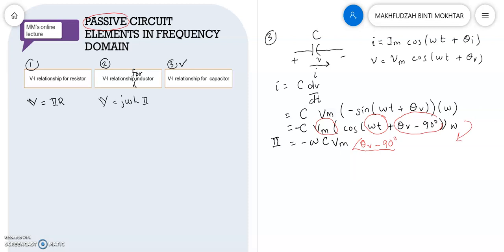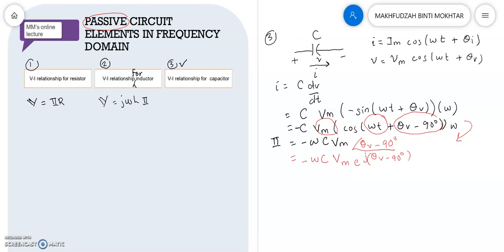Okay, now to simplify the capital I, the current, what I can say is that this value is the same as negative omega C Vm exponent j(theta V minus 90 degrees).